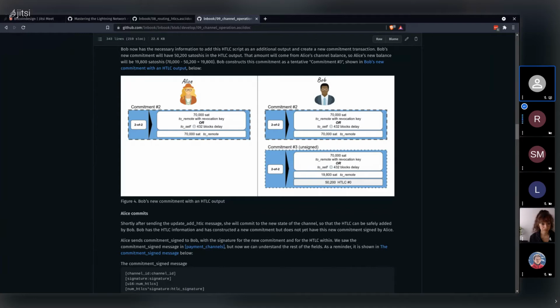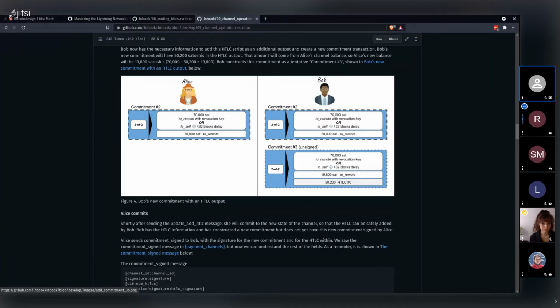And what happened when Bob added that HTLC is Alice's 70,000 got broken down into two parts. The 19,800 goes into the commitment transaction. That's Alice's side of balance right now, because Alice pays 50,200 to Bob. So Alice's side of balance gets reduced from 70,000 to 19,800. Bob's side of balance is still at 70,000, but Bob now sees an incoming HTLC of 50,200.